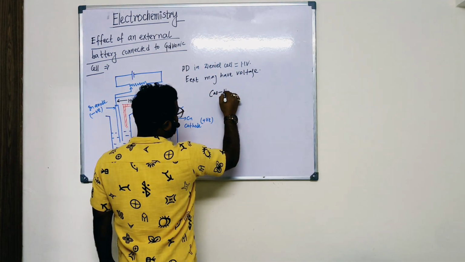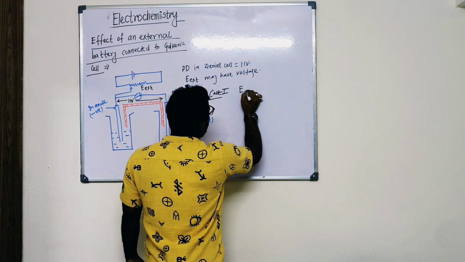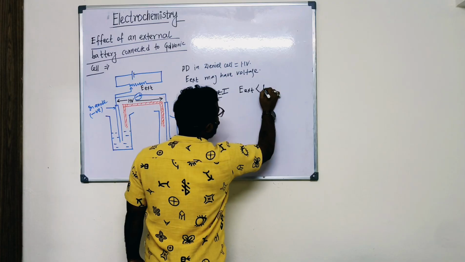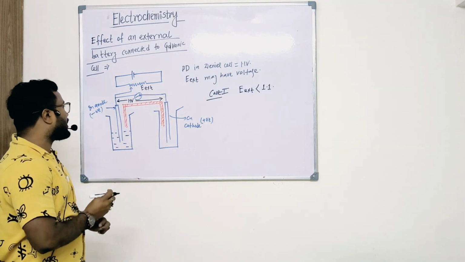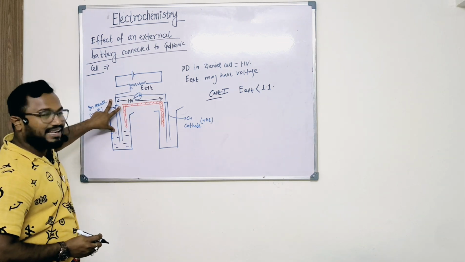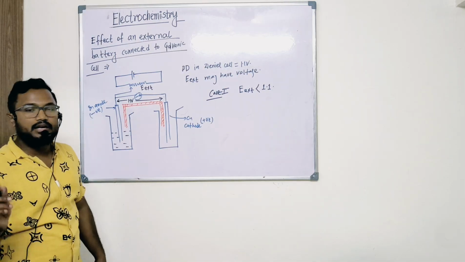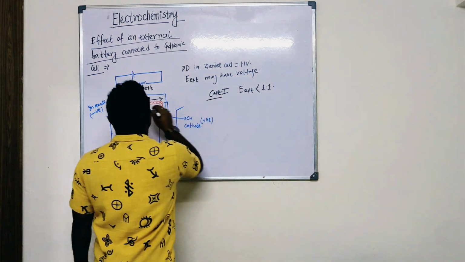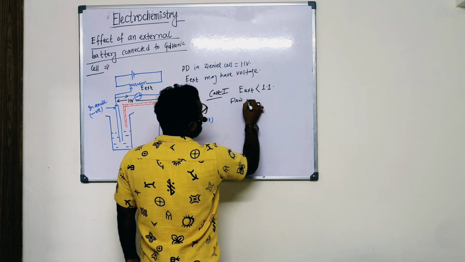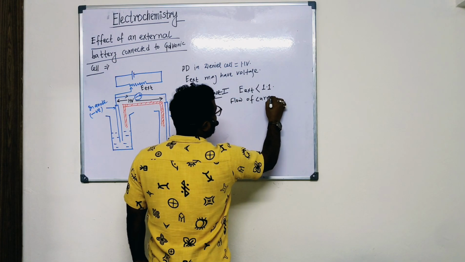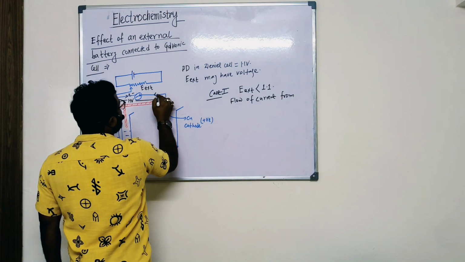Case 1. If E external is less than 1.1, then this Daniell cell will be dominant. As it is dominant, this will behave as an electrochemical cell. So there is flow of current from opposite direction; this is electron flow, this is current flow.